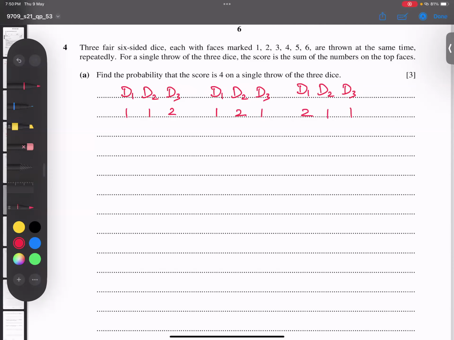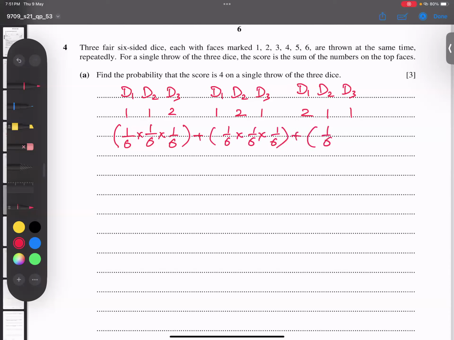Okay, this is one choice. But I will show you the second method for your proper understanding. What is the chance of 1 on a dice? 1 out of 6. What is this? 1 out of 6. What is this? 1 out of 6. It's the same thing, so I add 1 out of 6.